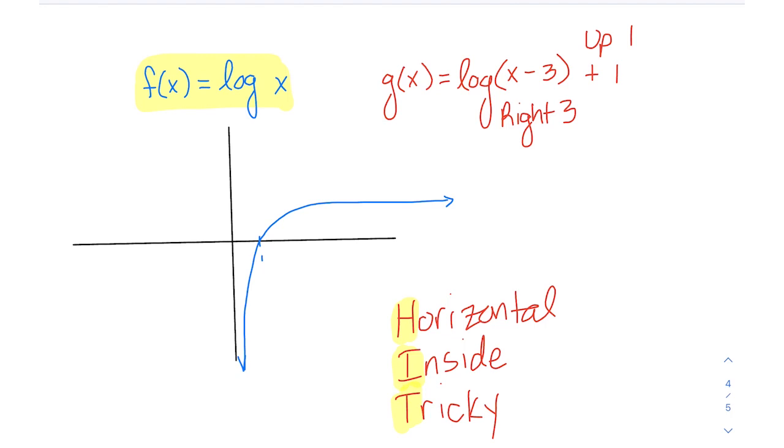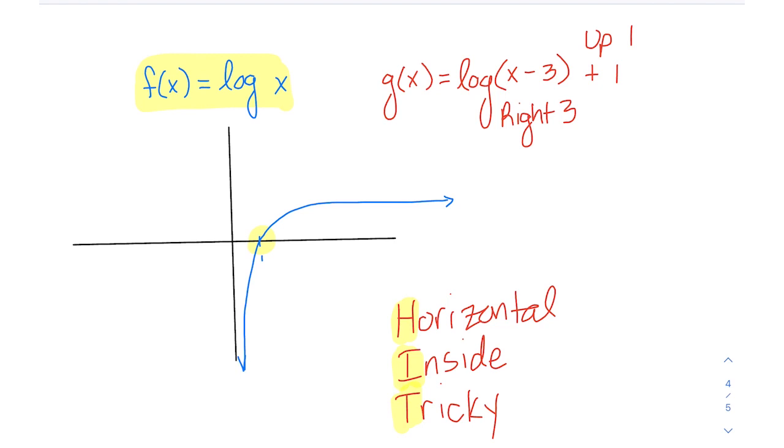So our graph of g of x is going to be the same general shape as our graph for f of x here, except we're going to shift it to the right 3 units and up 1 unit. And since we have this key point here, and if you looked at our video on graphing logs as an introduction, and we understand the importance of identifying that x-intercept of (1, 0) that we have highlighted there, that's the point that you can use to apply these corresponding shifts to.